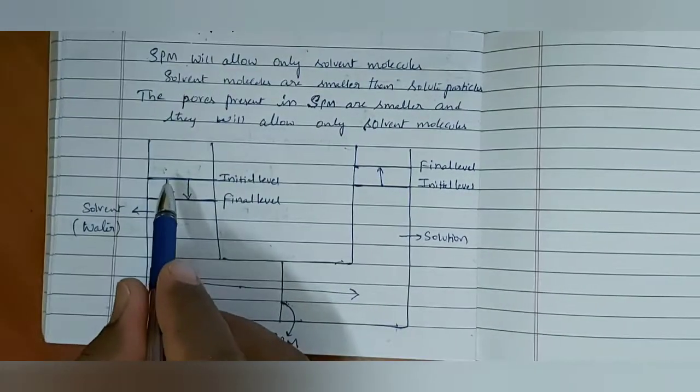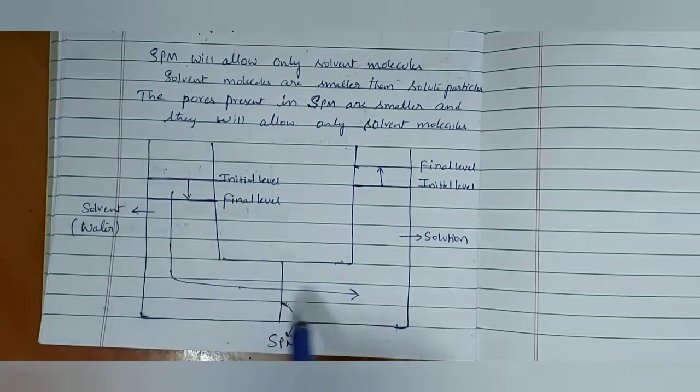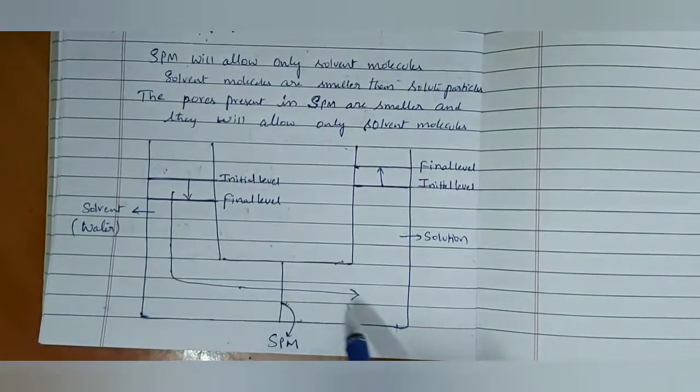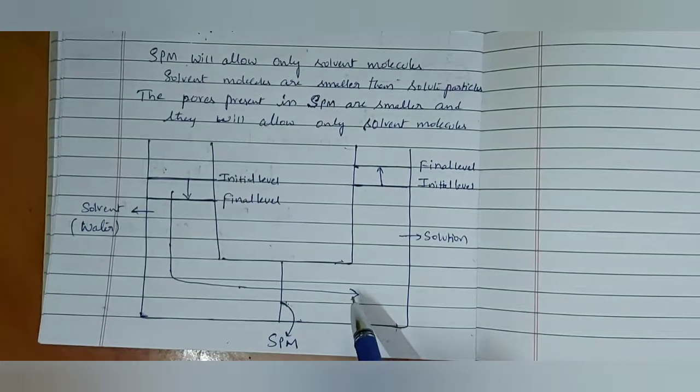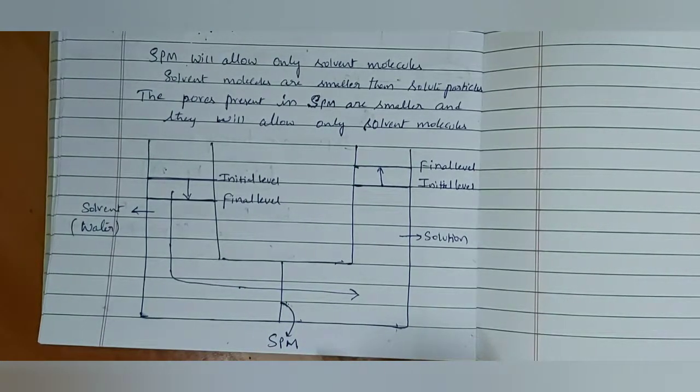This movement of solvent molecules from the solvent side to the solution side, or we can say from the low concentrated side to the high concentrated side, through a semi-permeable membrane, is called osmosis.